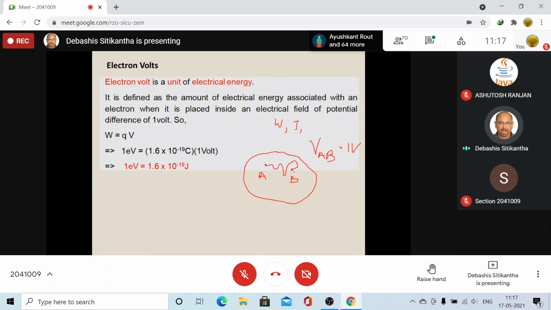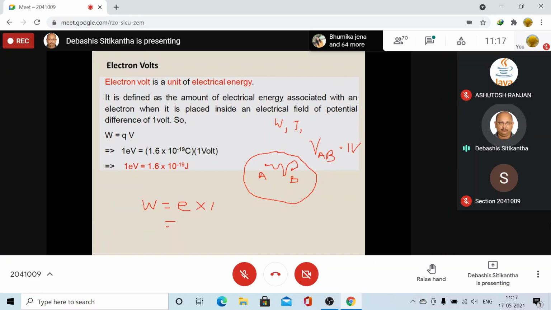As we all know, work done is equal to the charge multiplied by the potential difference. The charge here is the charge of an electron, and the potential difference is 1 volt.